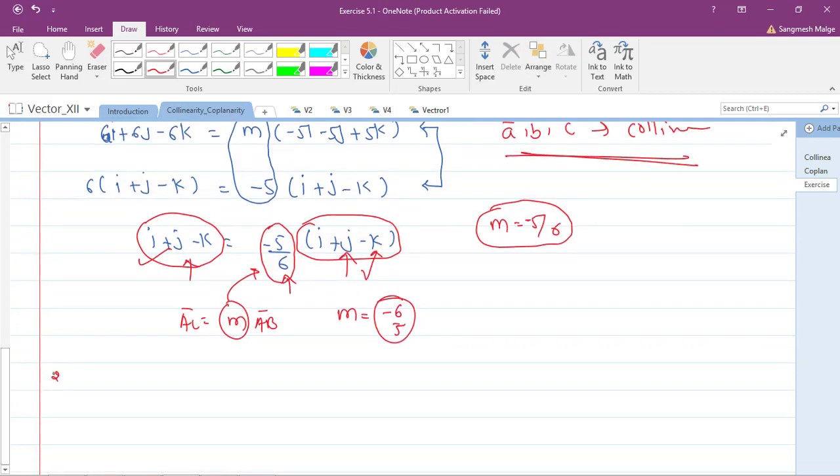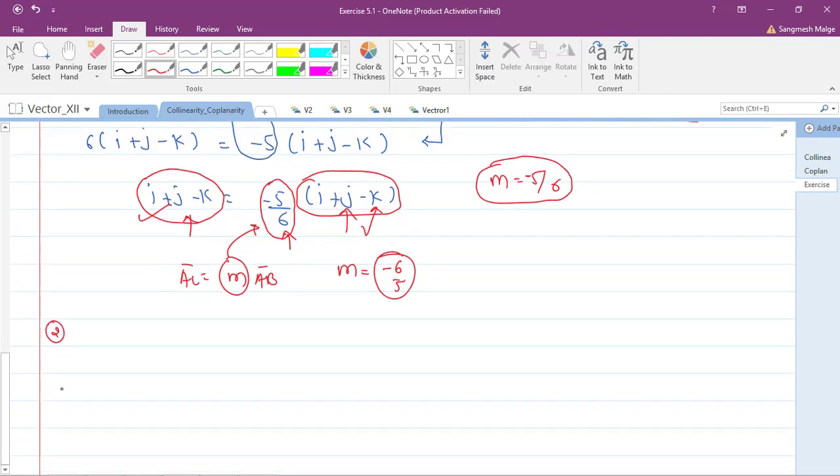Okay, second question. So from the first we have the second question. इसको रोमन में दिखाते हैं, first second. So the points are P is equal to (4, 5, 2), Q is equal to (3, 2, 4), R is equal to (5, 8, 0).